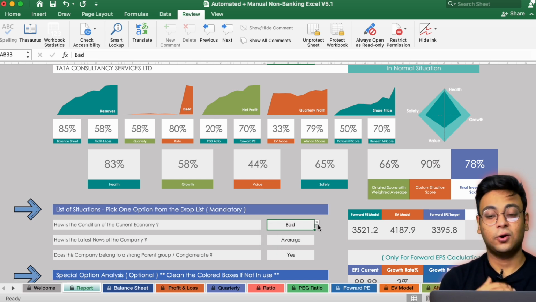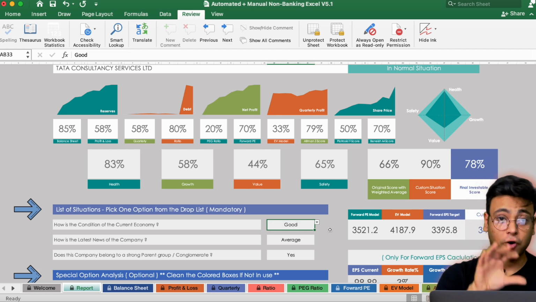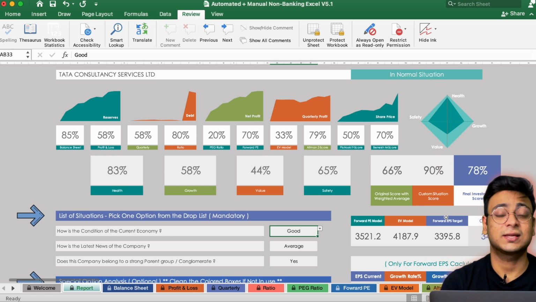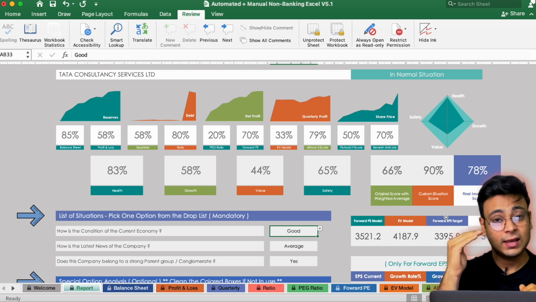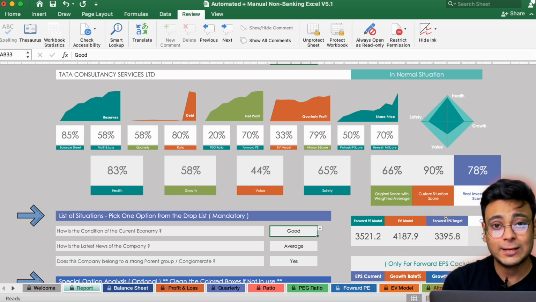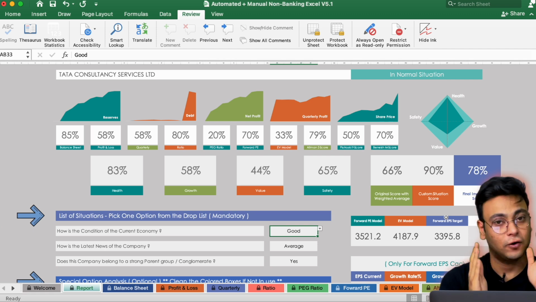So based on that, a lot of factors depend, and the final investable score that we get from this company is 78%. Any company that you invest in which has a score of above 50% can be invested in. If the company score is above 70%, that company becomes an ideal investment for long term.